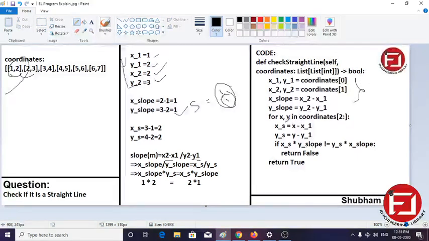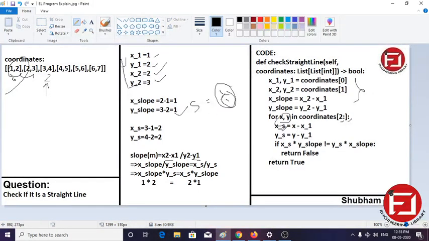Now coming to the loop, x and y are variables in coordinates, starting from 2 till the last. Index 0, index 1, so this is index 2, pointing here at index 2.